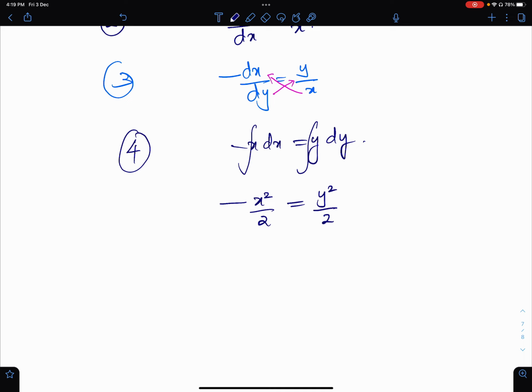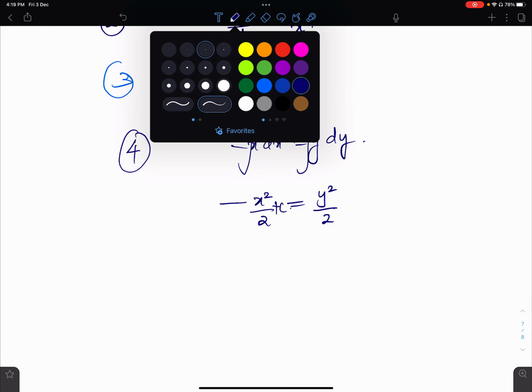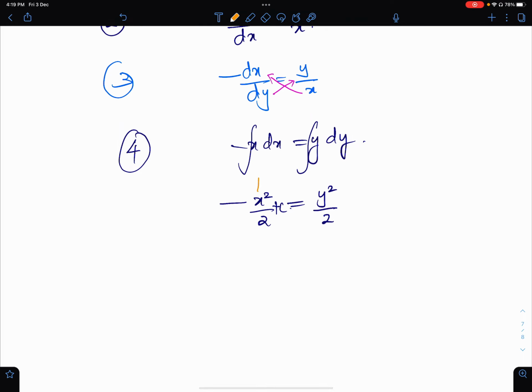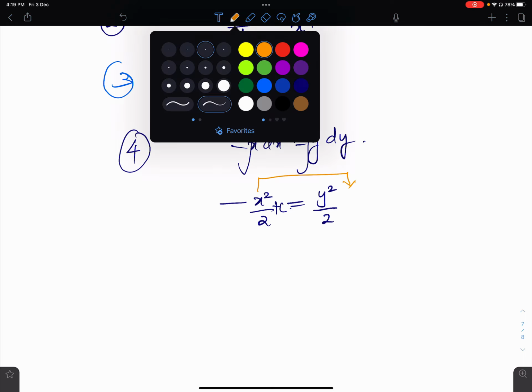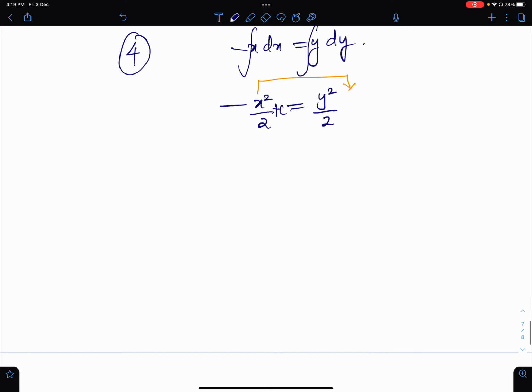And here you can put a c on any side. I'm just using c on this side for our comfort. So I put a c now. Simplify this: take this term to the other side. You will get c equal to y square by 2 plus x square by 2.